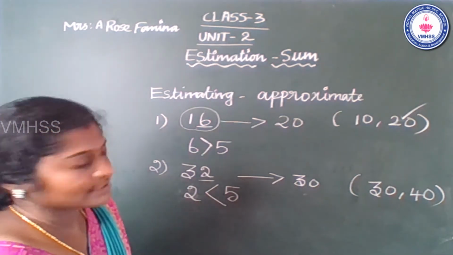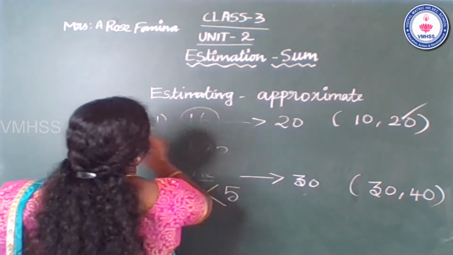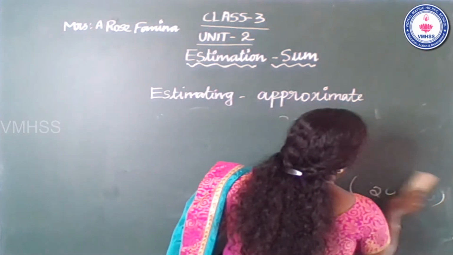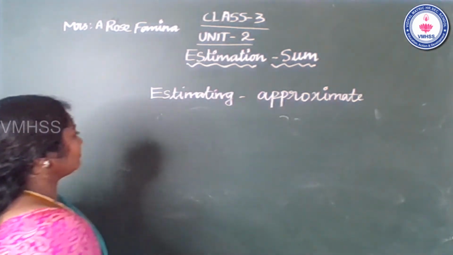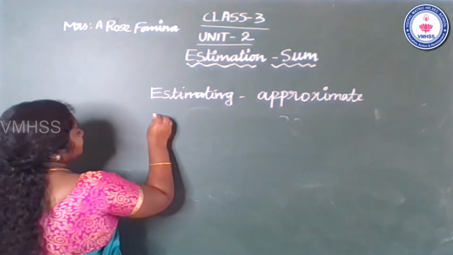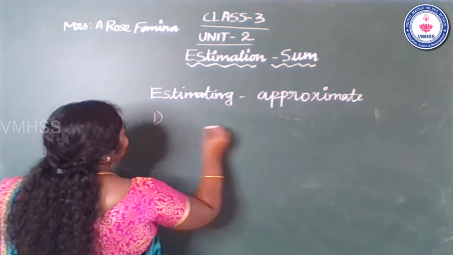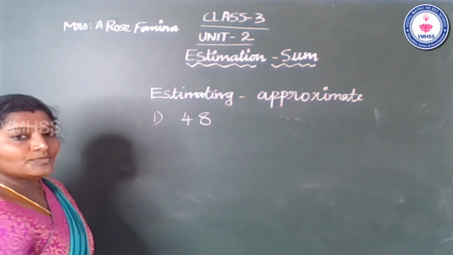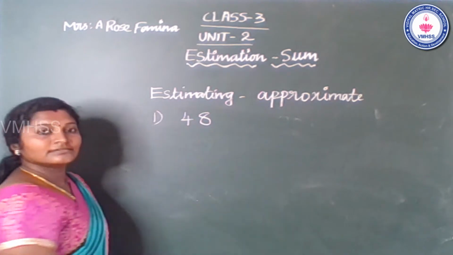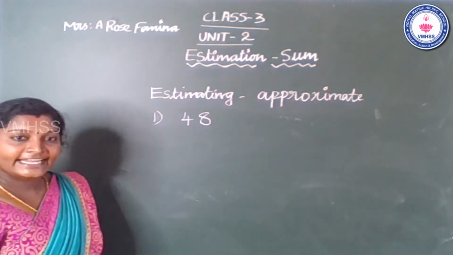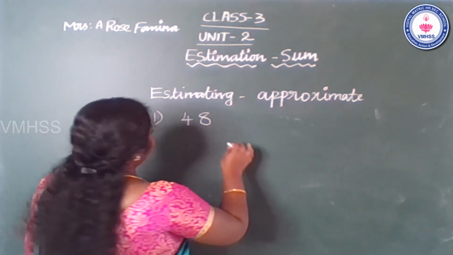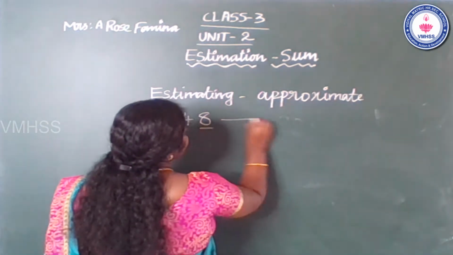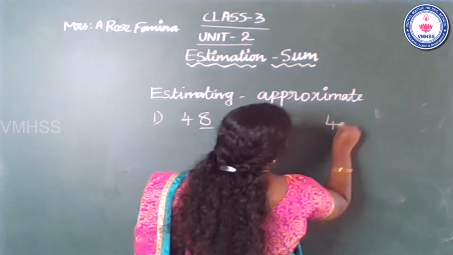See some next examples. Students, see the board. What is the number? 48. See the first digit, 8. This number is between 40 and 50.